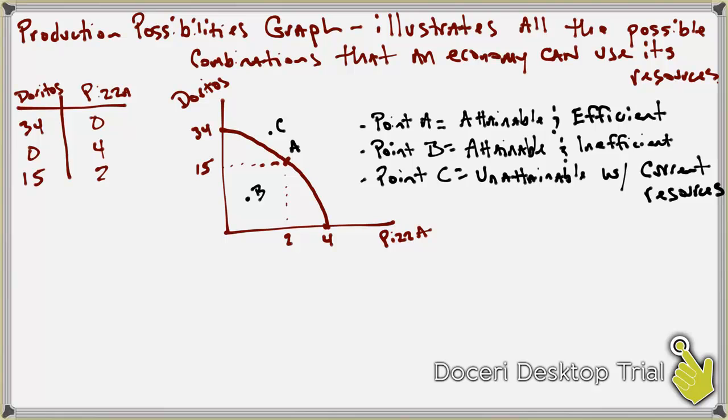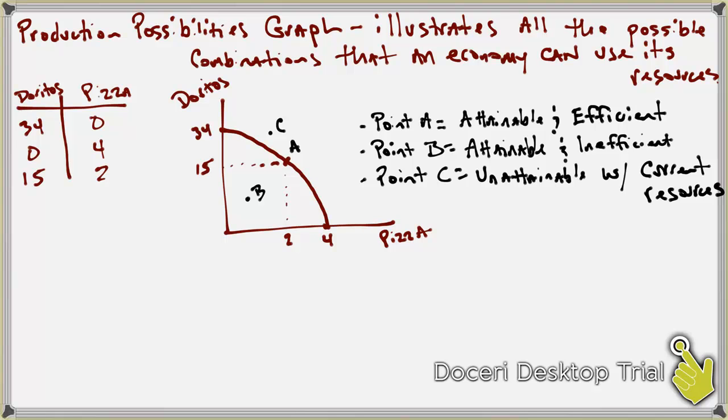Now, one thing that we'll add to this on Monday is, do you think our production possibility curve is going to stay there forever? No, it's not. Our goal is for our economy to grow. We show growth by changing that curve.